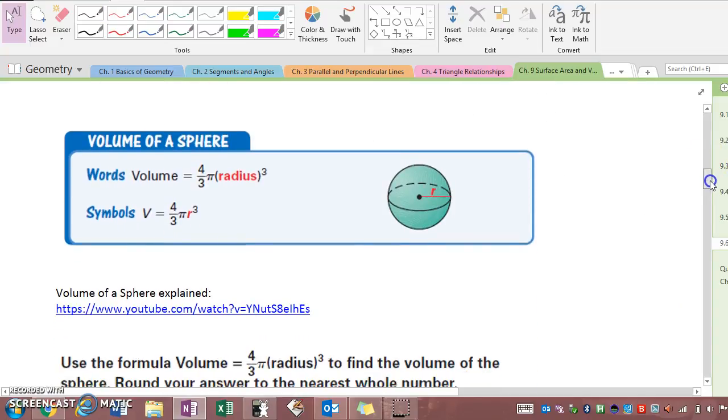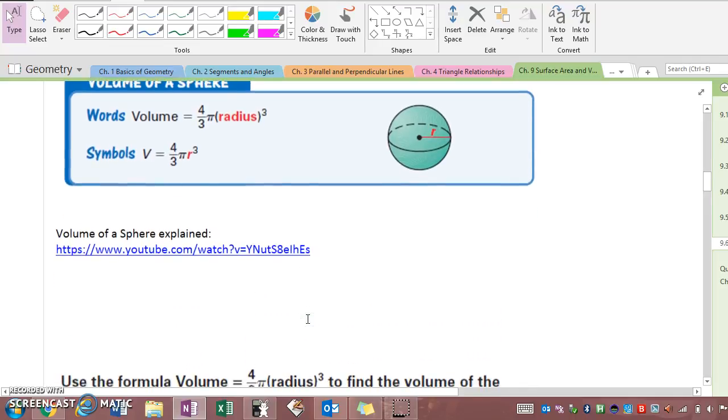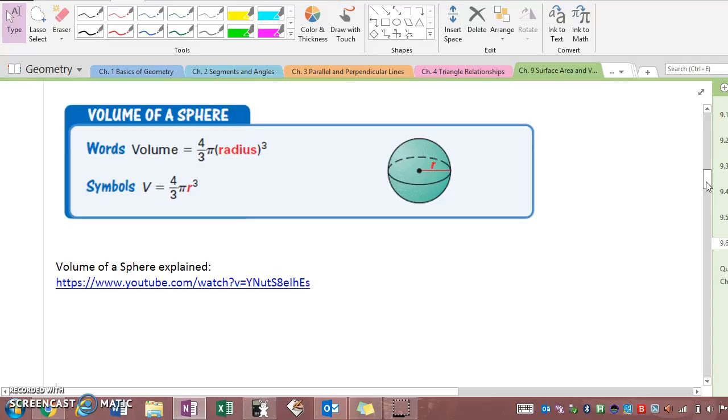Here's your formula for the volume of a sphere. And there's also a video. This one's a little bit more sophisticated, but it explains how 4/3 pi r cubed came to be. So if you want to watch that one, I think that would be a good idea as well.